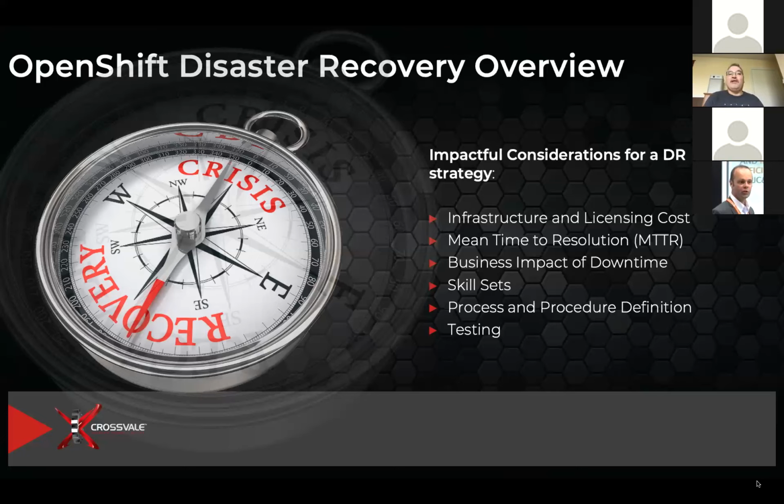There's a lot of things that go into the conversation. So as we walk through the different steps, we'll see how we can approach DR in a number of different ways to hopefully fit everybody's usage model.